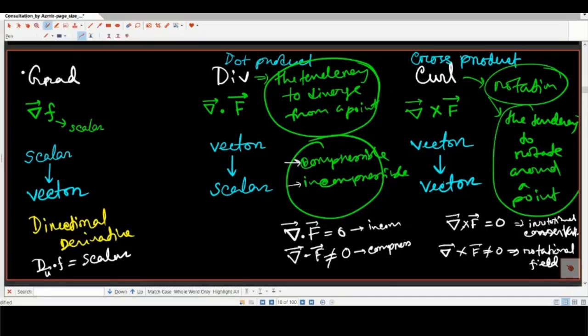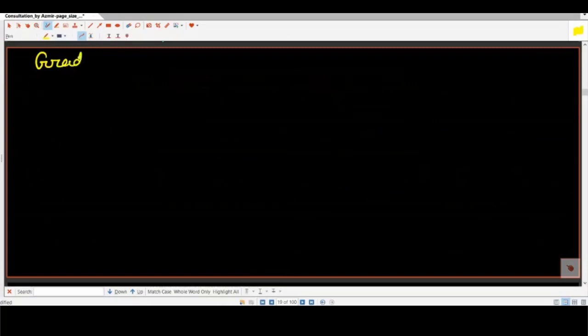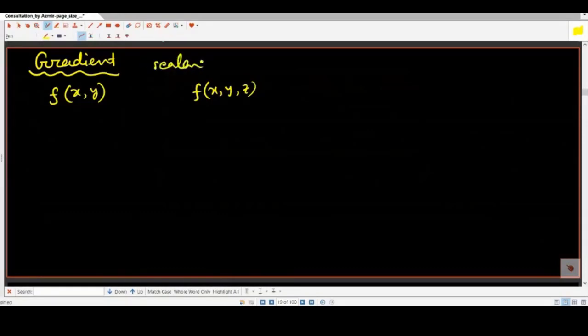So let's talk about all this part. First, let us talk about the gradient of any scalar function f. That f can be a function of 2 variables or a function of 3 variables. So these functions are scalar functions because there is no vector here.